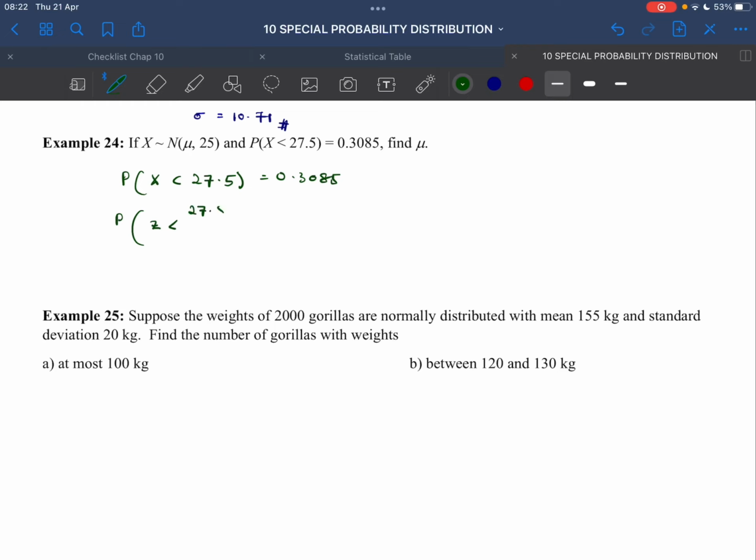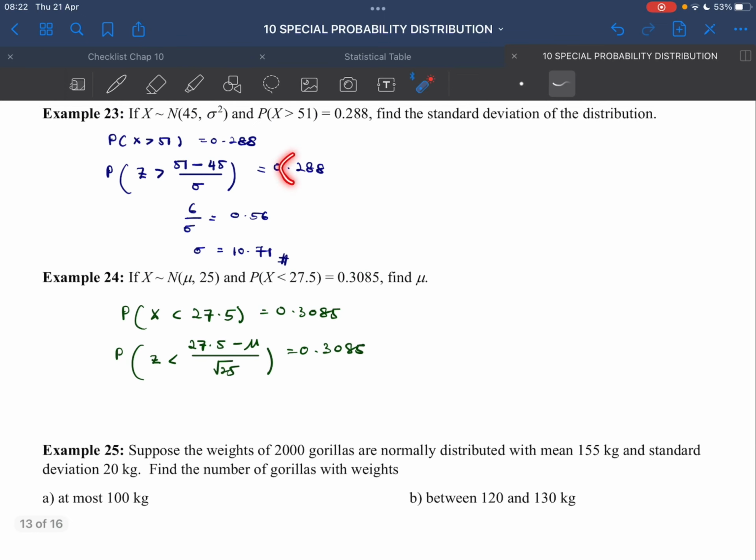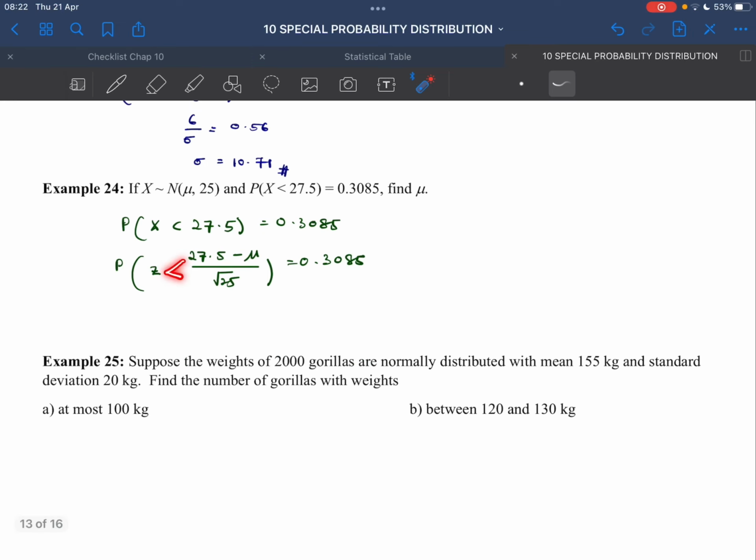We have x minus mu over the standard deviation. This is your variance, so that should be square root 25, equals 0.3085. For the previous question, we could straightforwardly see the table because it was already greater than, but this one is still less than.